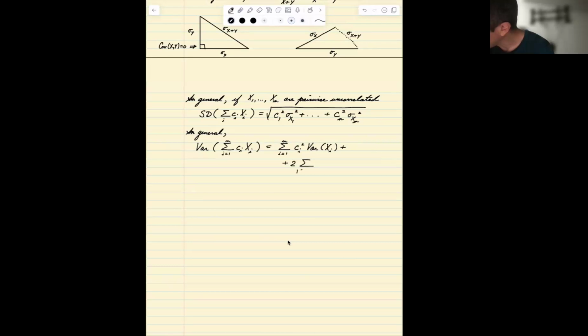Sum over all i less than j, c_i c_j covariance of x_i, x_j.